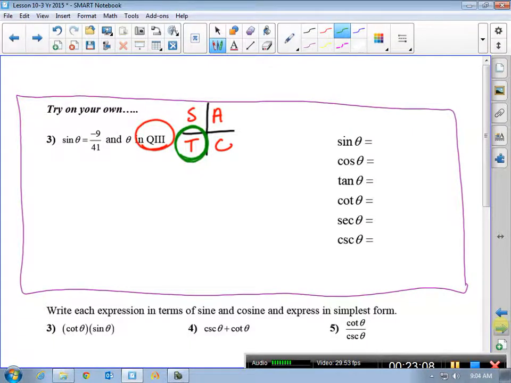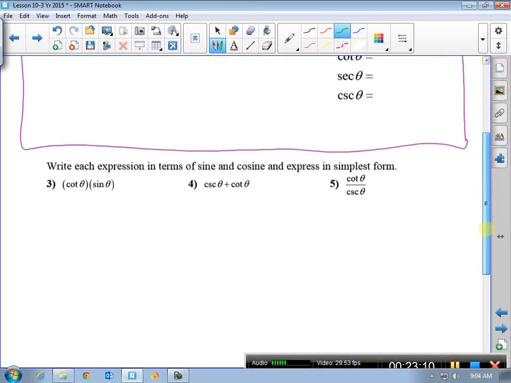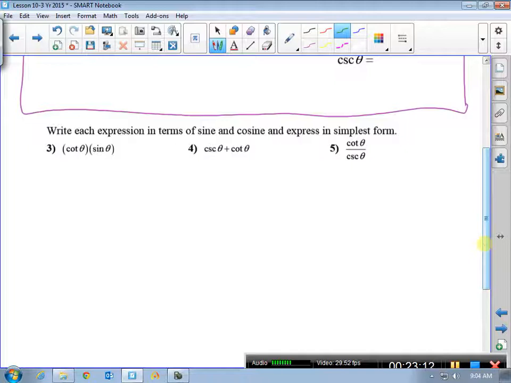All right, so the bottom here is a slightly different type of problem. This says, write each expression in terms of sine and cosine only, and then express your answer in simplest form. So we're just going to do some substitutions here of the identities that we know. Cotangent is the same as cosine divided by sine.